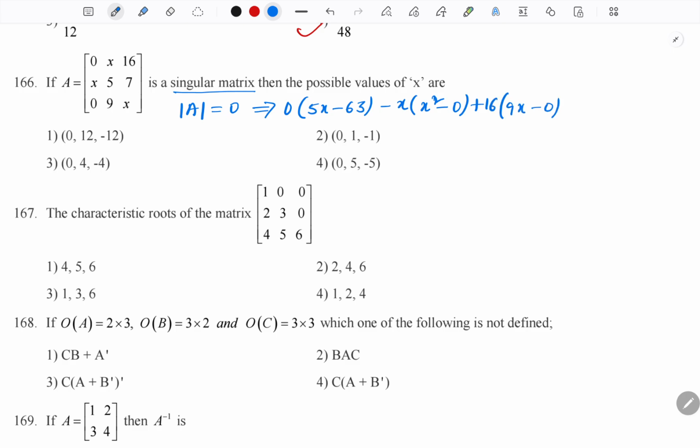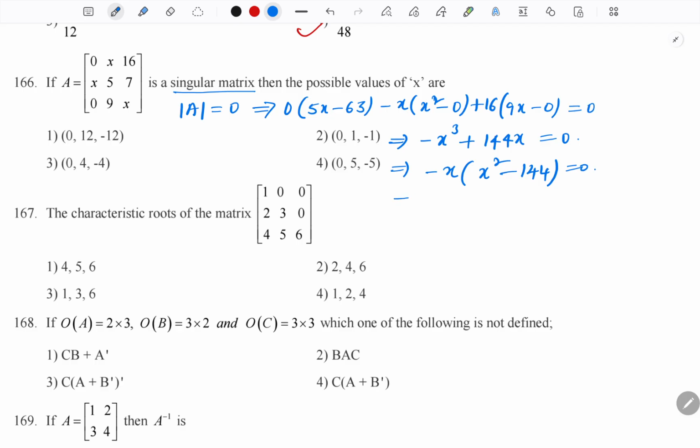Determinant equal to how much? 0. Then from this one, first one 0, anything goes to 0, then minus into plus, minus x cube plus 69 is 144, x equal to 0. From these two, what is common? I am taking minus x common, then x square minus 144 equal to 0, right?